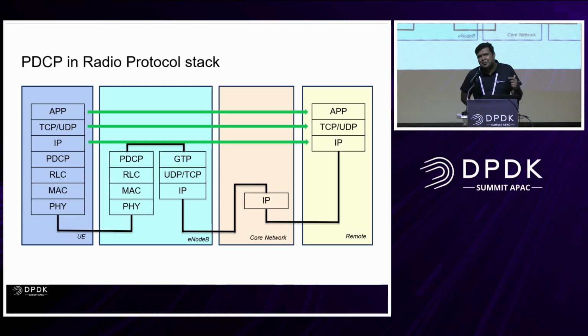Yeah. So what you described is for the T reordering thing. So there are two timers. One is T reordering, that is in play for the receiving entity where there are missing packets. So what if there is a missing packet?